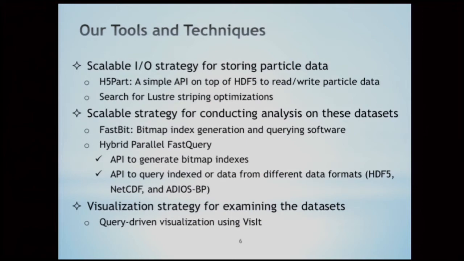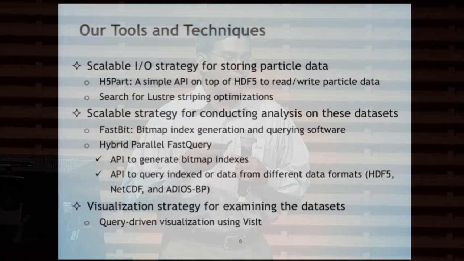We use a fast bitmap indexing technology, and we recently developed something called FastQuery to query scientific data formats such as HDF5, NetCDF, and ADIOS-BP formats, and it uses FastBit and parallelizes it on supercomputers. And we use VisIt as the visualization technology.